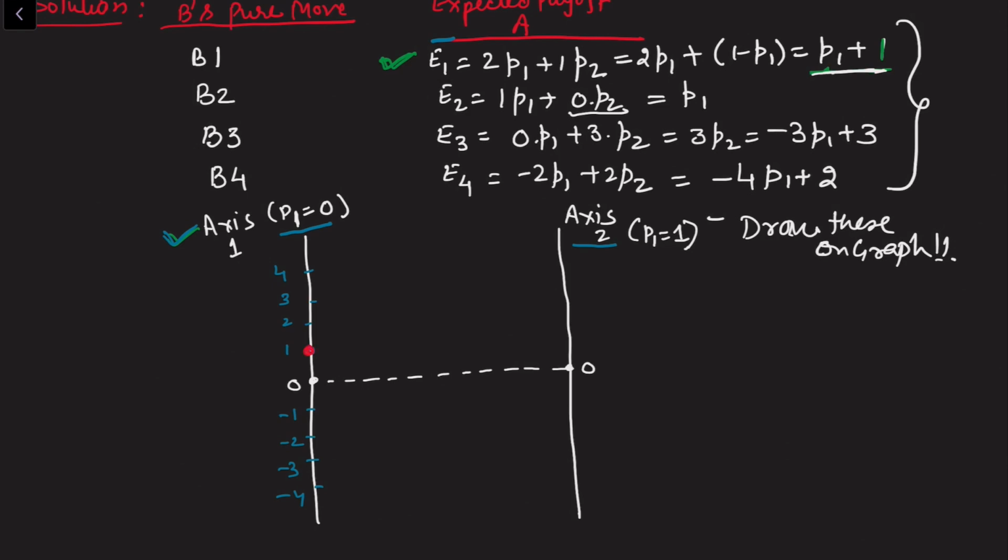In the other case, when P1 is equal to 1, this quantity becomes 2, so it is somewhere here. This is 1, 2, so this value is 2. And we now join these 2 points. When you join these 2 points, this is considered the drawing of the first line.